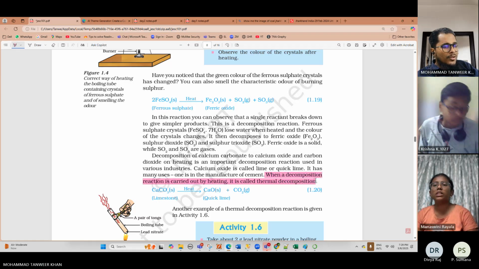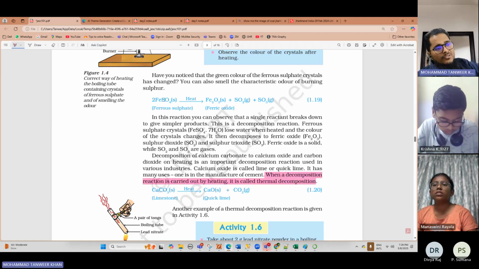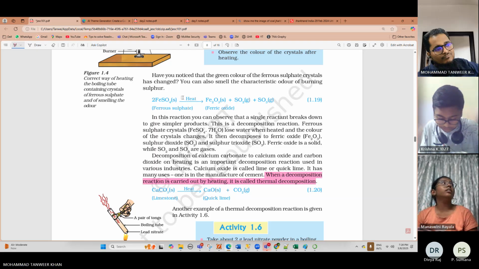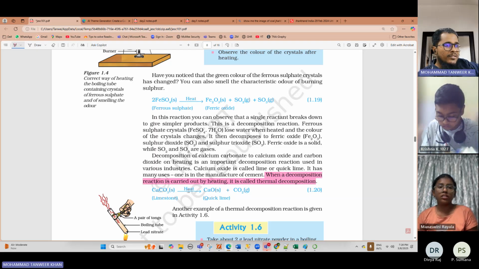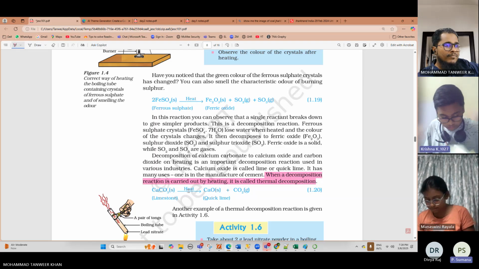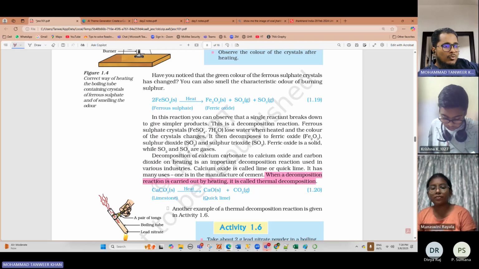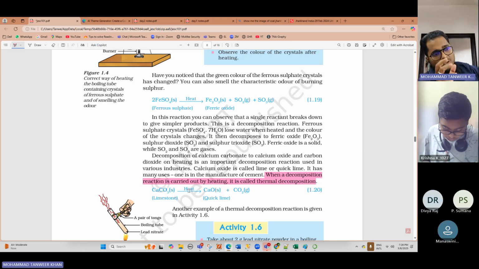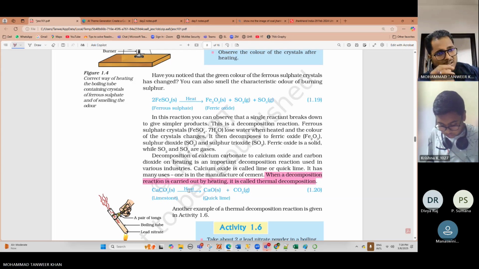Now, if you see this first reaction, we are applying heat to it. Second reaction, here as well we are applying heat. So in both the reactions, we are applying heat. So when you are carrying out a reaction by applying heat, it is known as thermal decomposition.